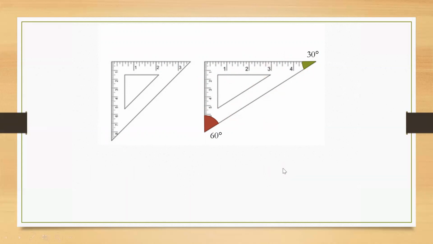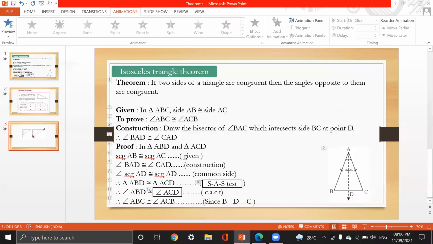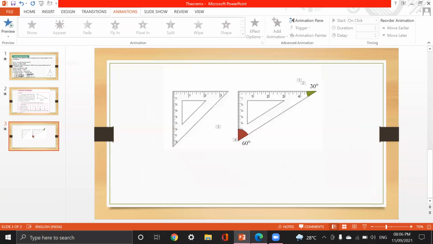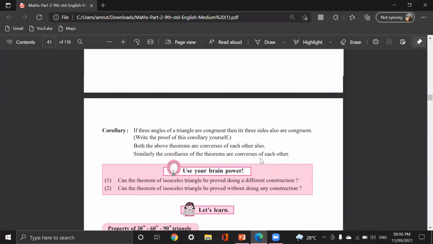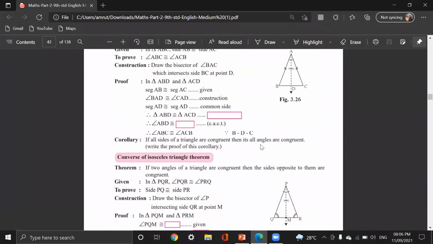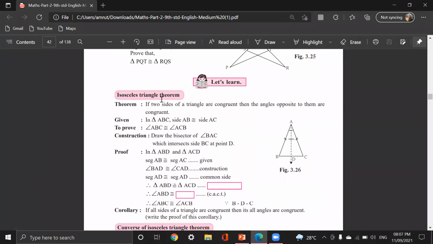Now moving forward, from the textbook, what did we learn? We learned about the isosceles triangle theorem. What is the isosceles triangle theorem? The sides which are congruent in an isosceles triangle, the angles opposite to these sides are also congruent.